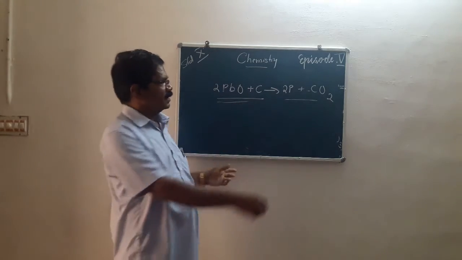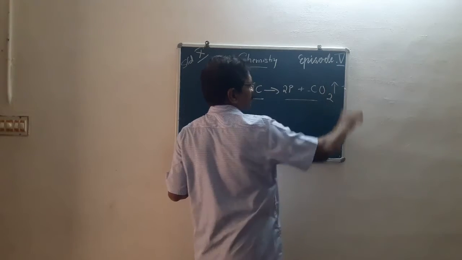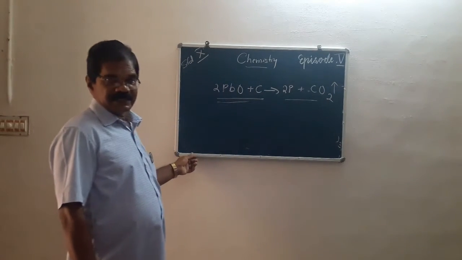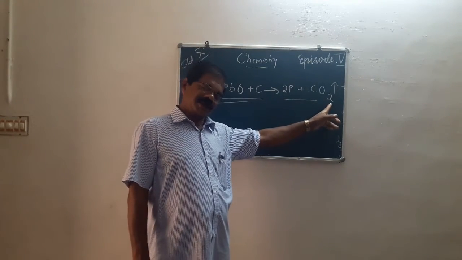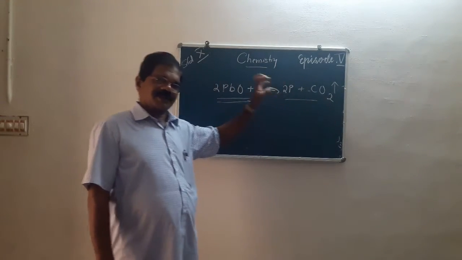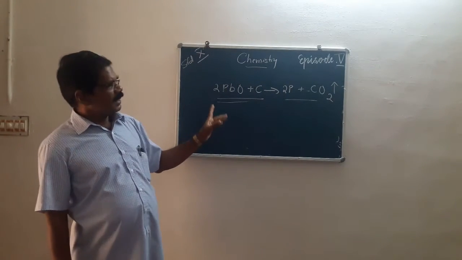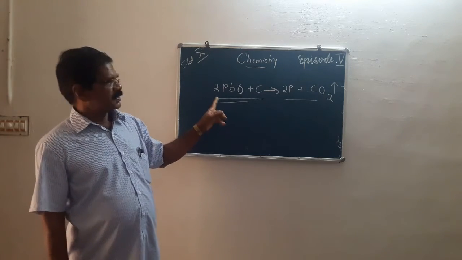In this reaction, carbon dioxide is involved, so a gas is involved. So when you observe a reaction, what you have studied in this chapter will apply. You will look at the reaction and ask these questions.